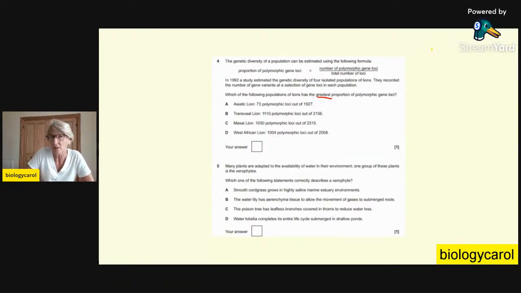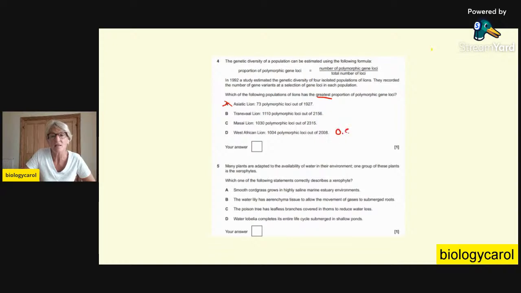So this is actually a maths question. So I'm immediately scanning down these numbers and I'm going 73 out of 1927 is much less than 1,110 out of 2,156. So this is definitely not it. And I'm now looking at these numbers and getting my calculator out at this point because I'm using a little bit of mental math.